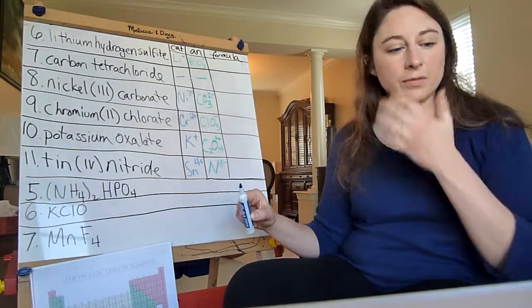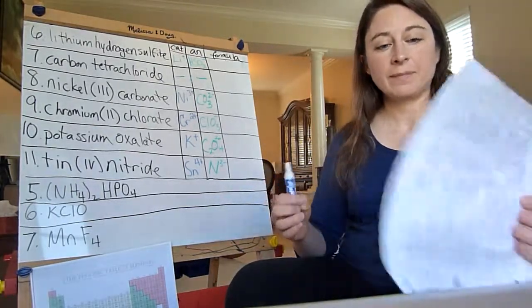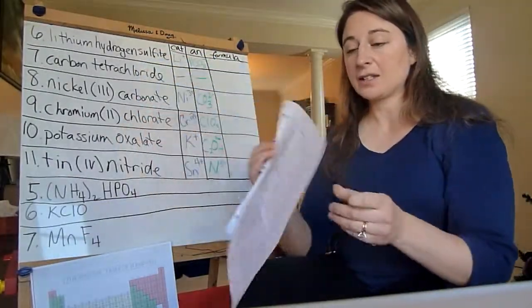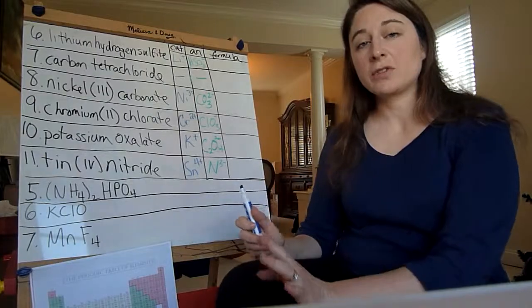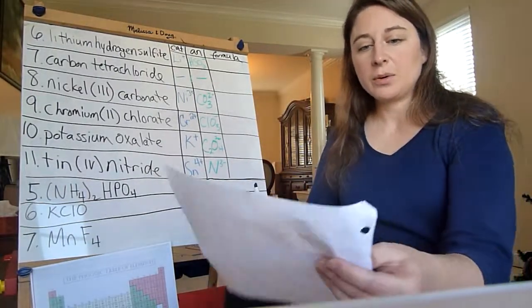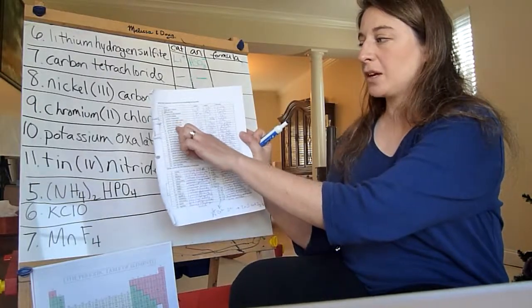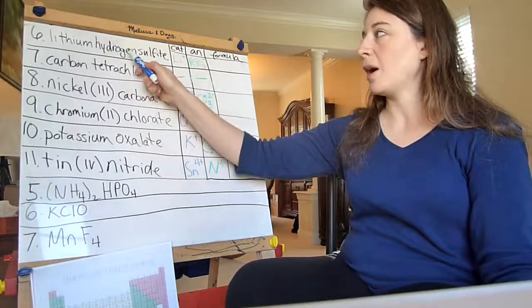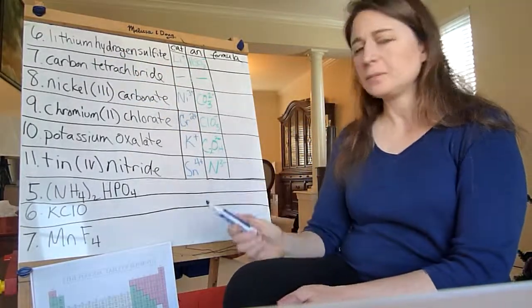So we went over the first few of each chart on this page in class. So we're going to pick up where we left off in class. On the top chart on this page, we're going to start on problem number 6, which is lithium hydrogen sulfite.